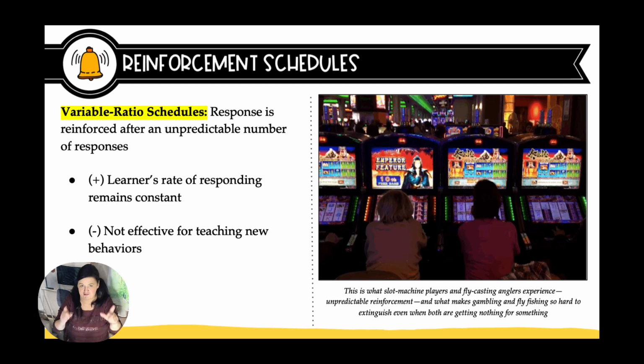But if you invest enough time throwing that fishing line in or staring at the telescope, eventually you're going to get the thing you're looking for, the reinforcement. Eventually a fish will hook and eventually a star will shoot. But it's unpredictable. It's like a slot machine. So reinforcement lasts less with variable ratio.